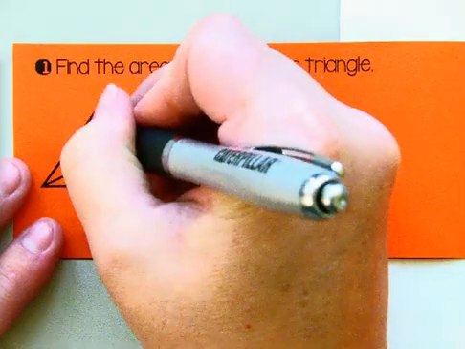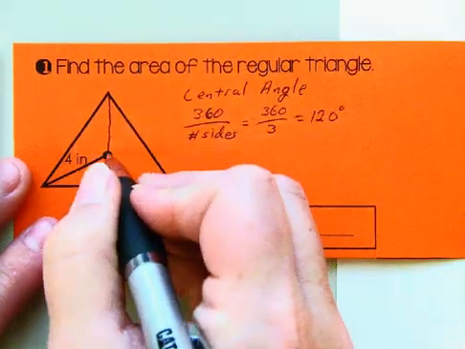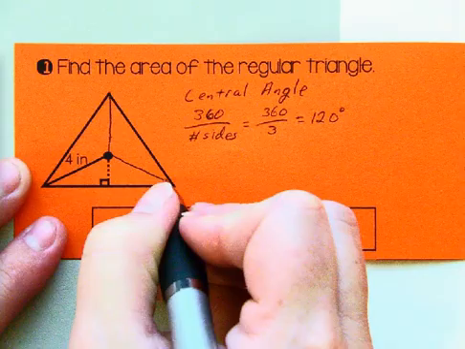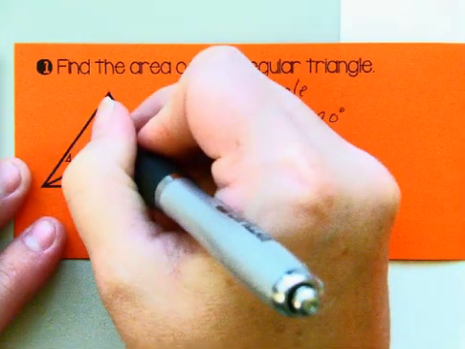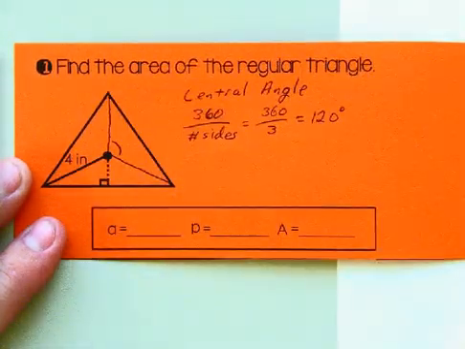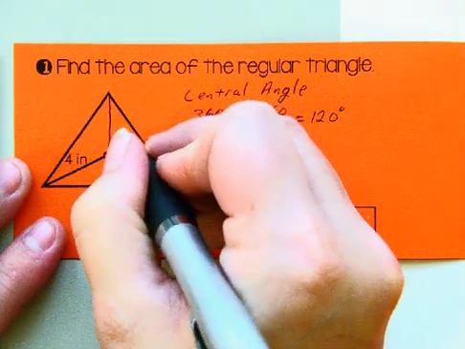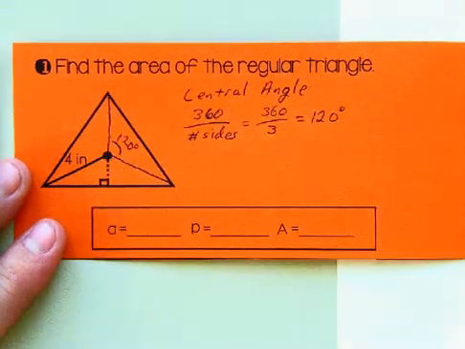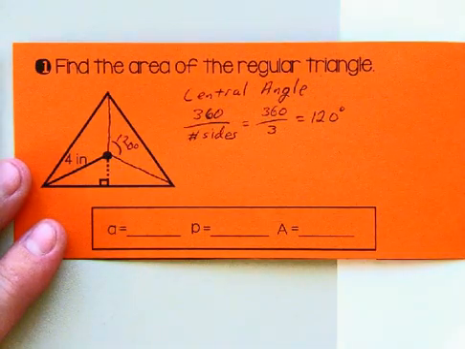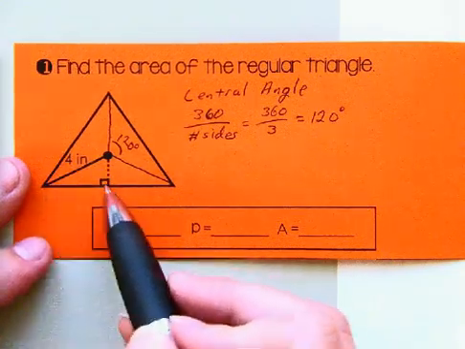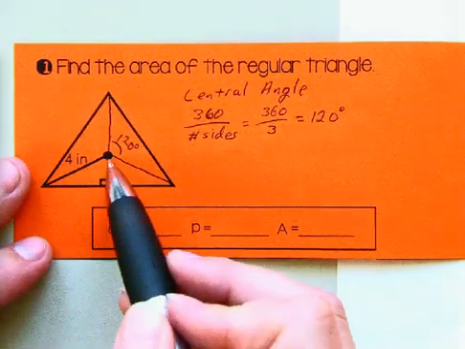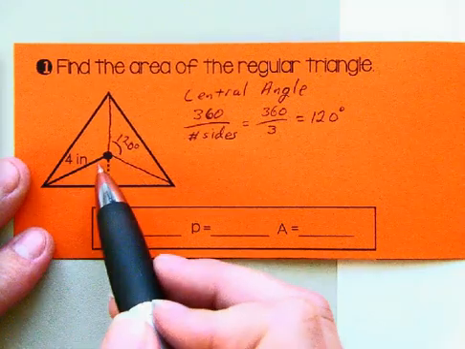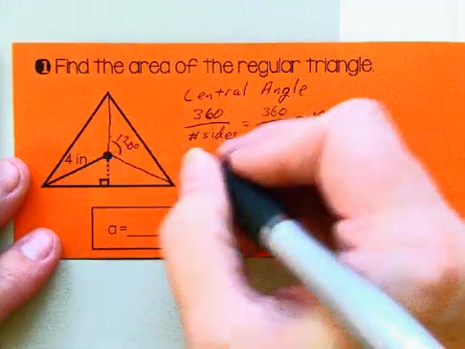Now remember, our central angle goes from one vertex to the other, so it's 2 radii. So this big angle in here is our 120 degrees.